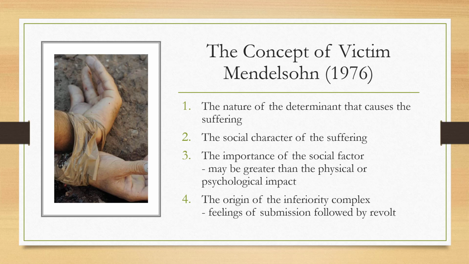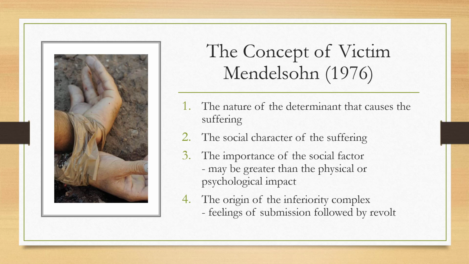He also said that with victimhood comes a social factor. And what we mean by that is that the way that society views what you went through or reacts to it can sometimes have a greater impact than the actual victimization, right?